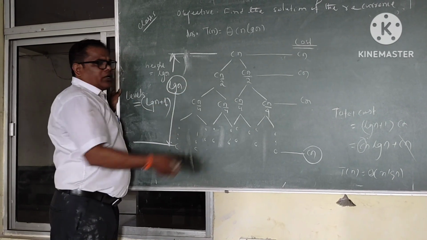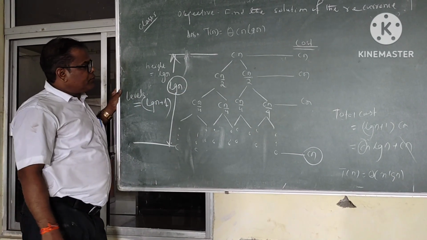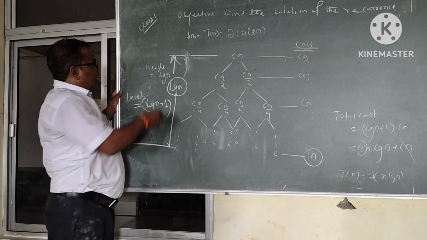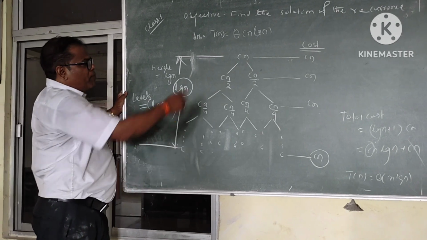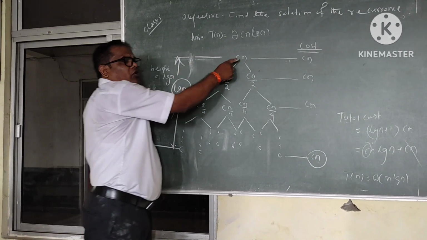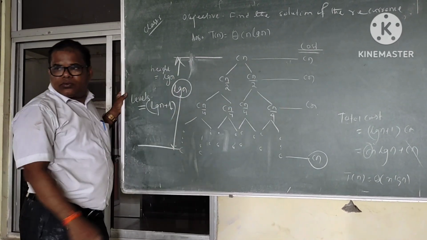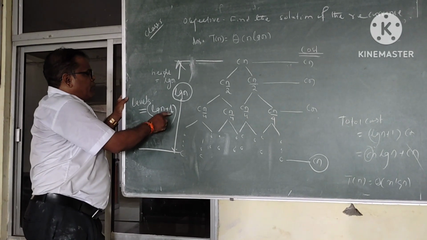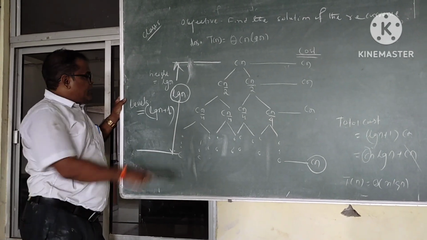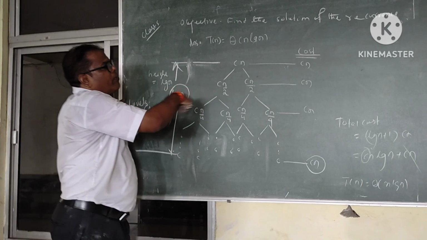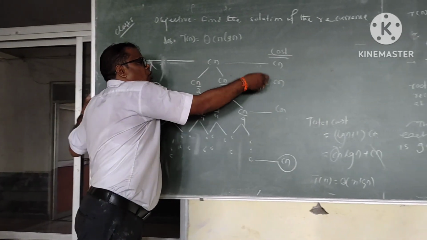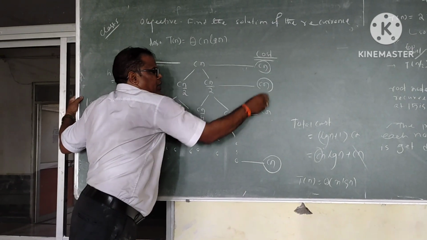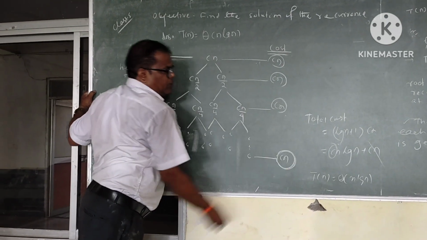The height of the recursion tree is equal to log n. And if the height is log n, the number of levels, because you are calculating the cost at each level, will be log n plus 1. So there are log n plus 1 levels, and at each level the cost is Cn.